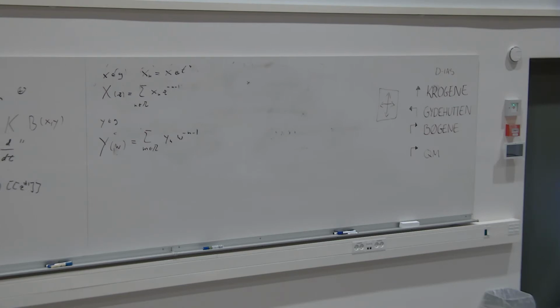So let's do this. What do we mean by this? We mean the product of the one and then the other, and now we write this down.